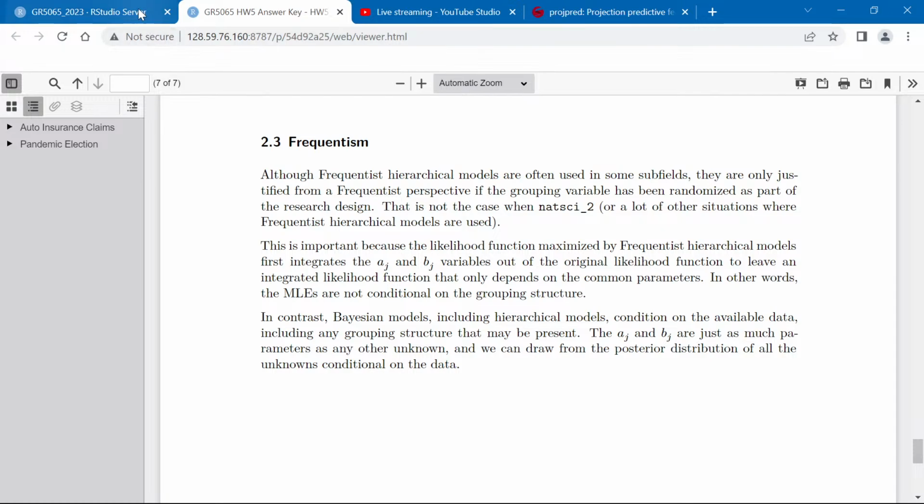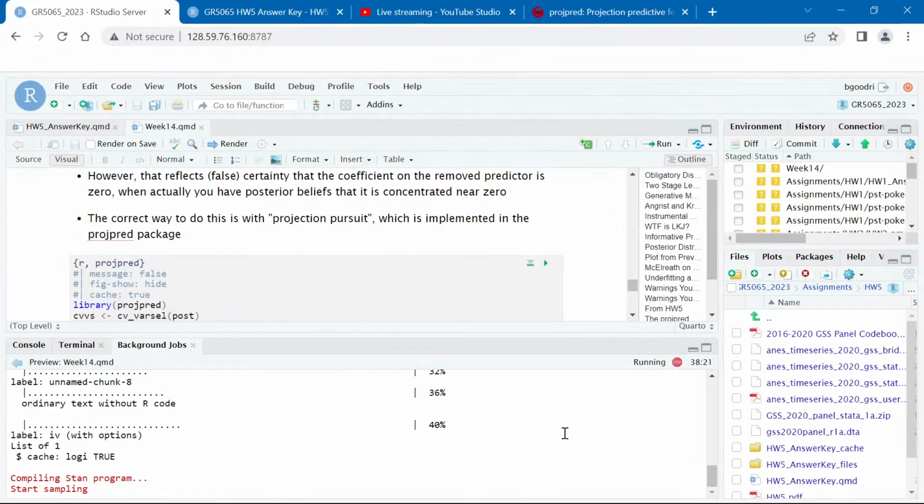Okay, so let's see how we're doing here. This cache got messed up also. Okay, let me send myself the HTML of this. Hold on one second.